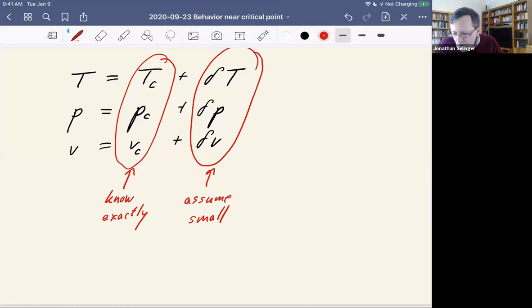And then we work out the Taylor series for the Gibbs free energy.